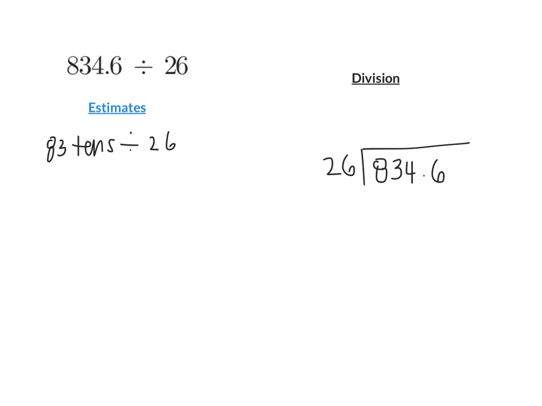Okay, so let's use an estimate to help us. 26 is pretty close to? 30. Okay. So then we have to think about our threes. What would be pretty close to 83 tens that's divisible by 30? Gotta think about it. What about 81 tens? Yes. But because it's 30, I don't know.